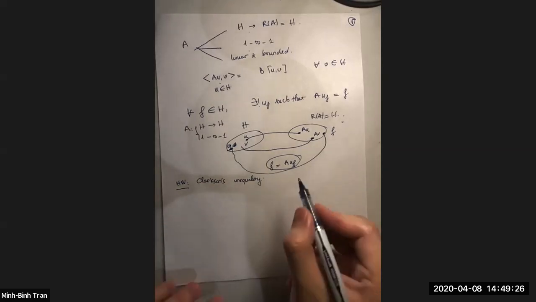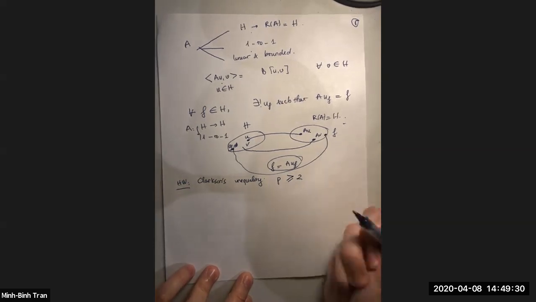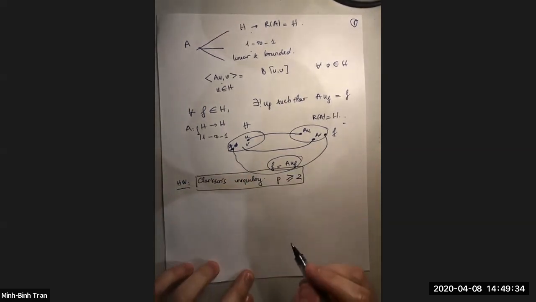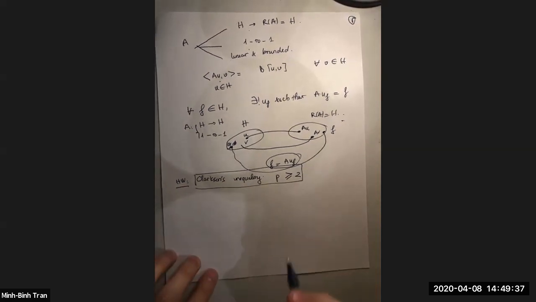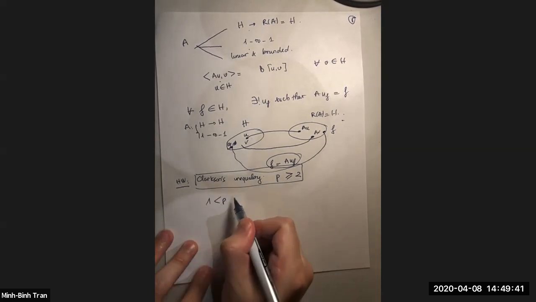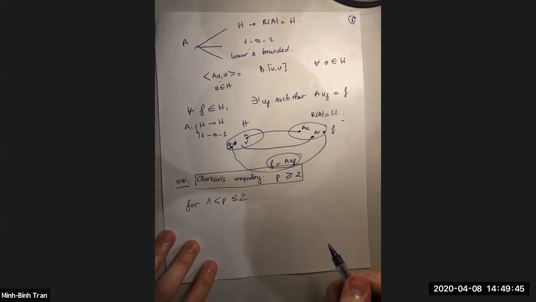In the previous classes, we know that the Clarkson inequality is true for p bigger than 2, right? Now I want you to prove another version of the Clarkson inequality for p bigger than 1 and smaller than 2.